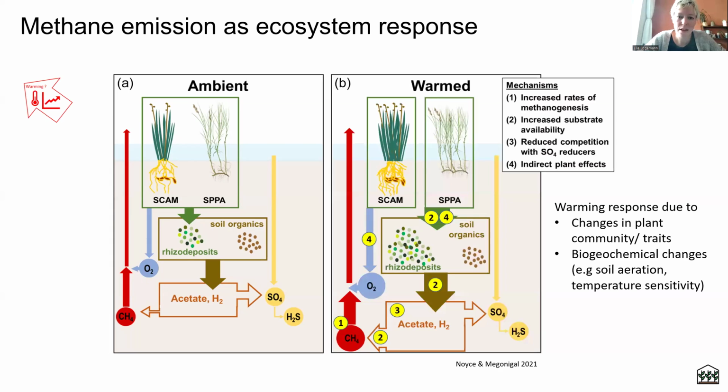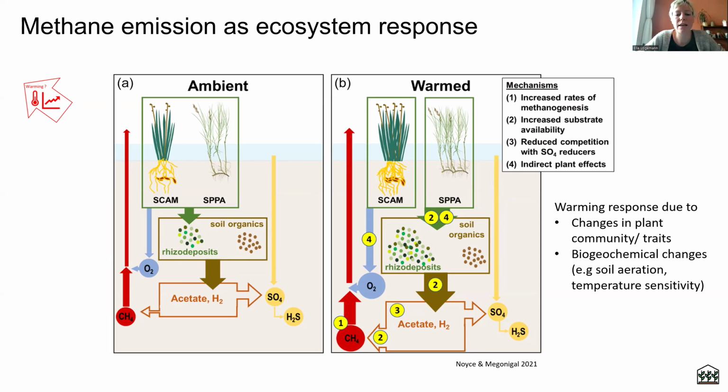And here again, I don't want you to dive too much into the graph, but I just want to imply with that it's very complex to add now the warming effect, since it is happening on a multifold of levels. First of all, it can change, for example, the plant composition or plant traits, which might change the substrate availability. But then also it can affect the biogeochemical settings directly, for example, through leading to a higher aeration of the soil, so maybe promoting the oxidation of methane.